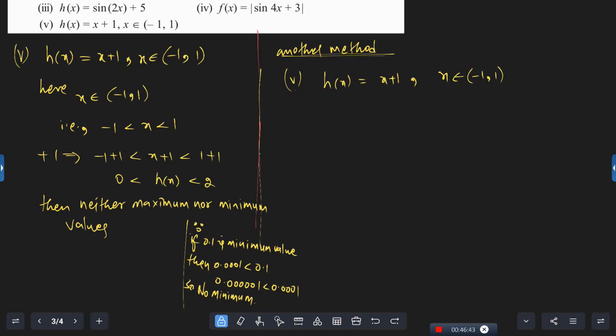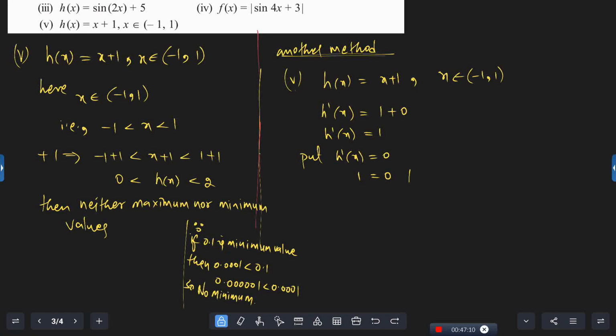If you try the first derivative test or second derivative test, now what will you get? h dash of x is equal to the derivative of x, which is 1, and the derivative of 1, which is 0. So finally I get 1. This is h dash of x. To find the x value, we should put it equal to 0, right? Put h dash of x equal to 0 now. Then 1 equal to 0 is coming. Is it possible, 1 equal to 0?